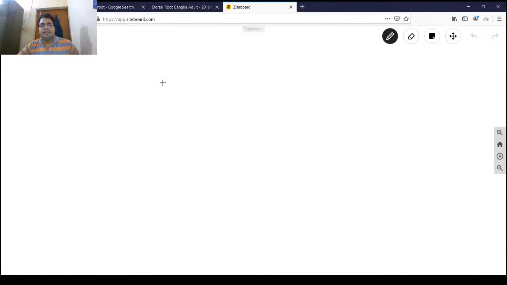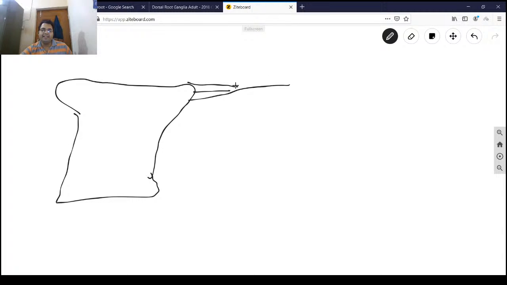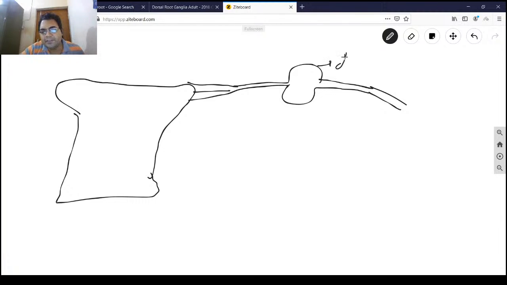Okay. So what happens is, if this is the spinal cord, here you have multiple rootlets which combine to form this, which is known as the dorsal root ganglion.